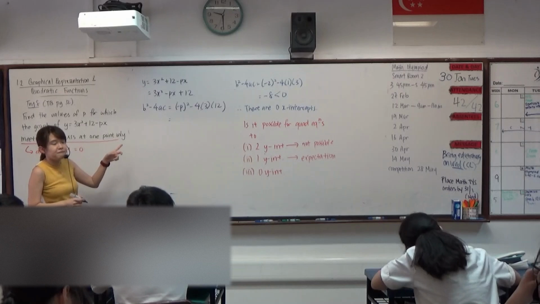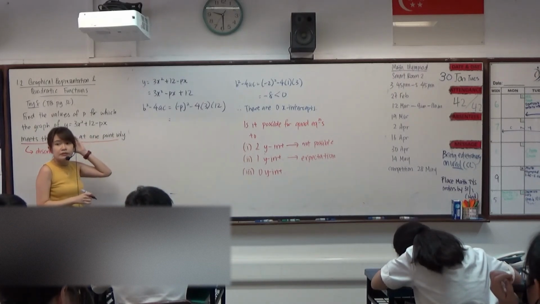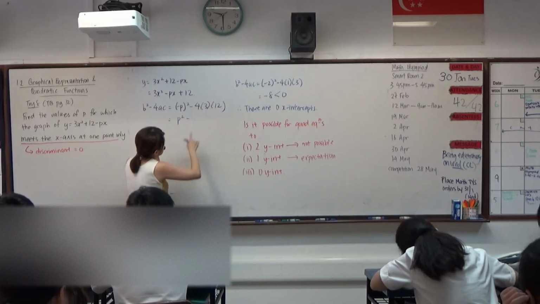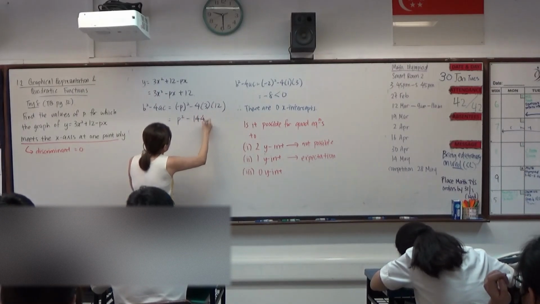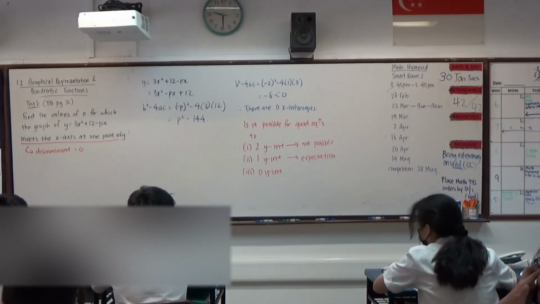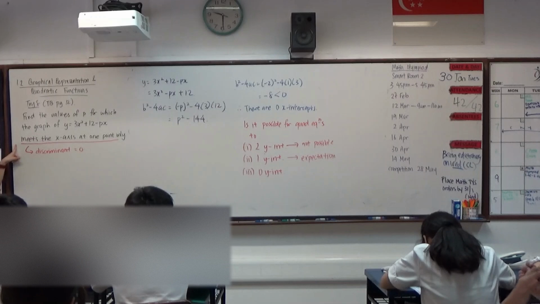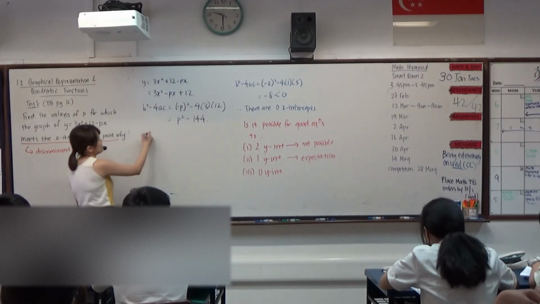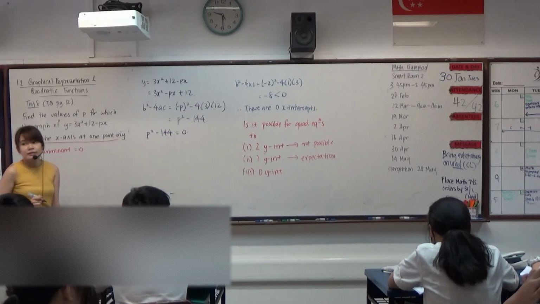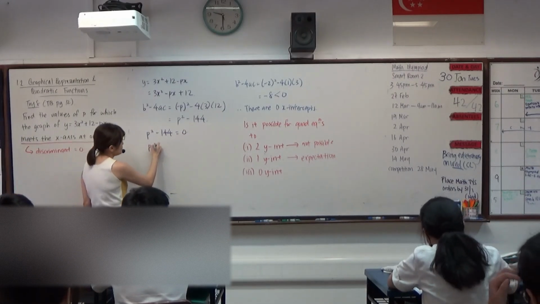What is negative p bracket squared? p squared, not negative p squared. So 4 times 3 is 12, 12 times 4 is 144. So p squared minus 144. Since the question has provided this information, we can say p squared minus 144 equals 0. Then we can solve for the value of p.